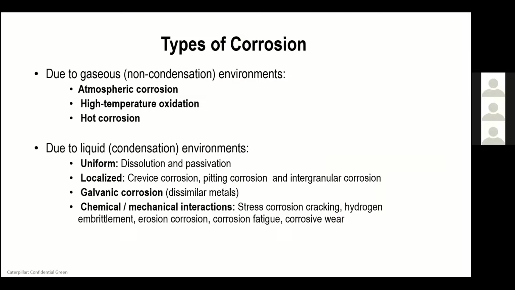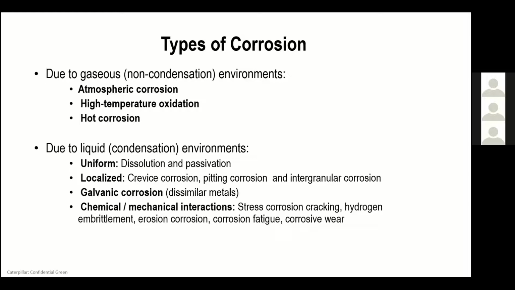Because corrosion has pretty complicated parts, I'm just touching the surface, and I just wanted to let people know that I didn't really focus on it because this is a pretty large topic to talk about. I'm not really talking about non-condensation, due to a gaseous environment, some of the things that people see maybe in heat treat or in some areas of utilities.